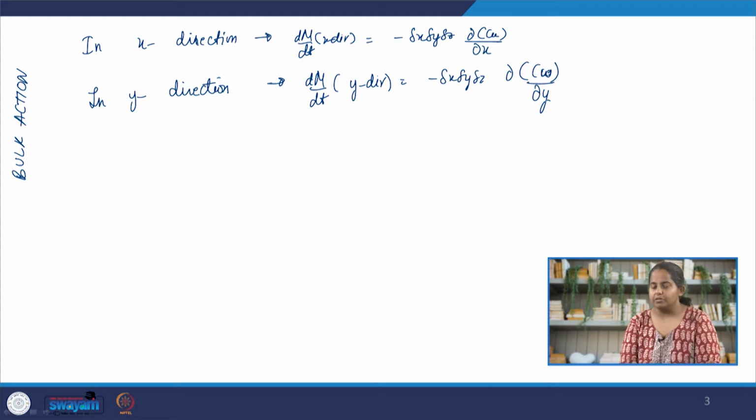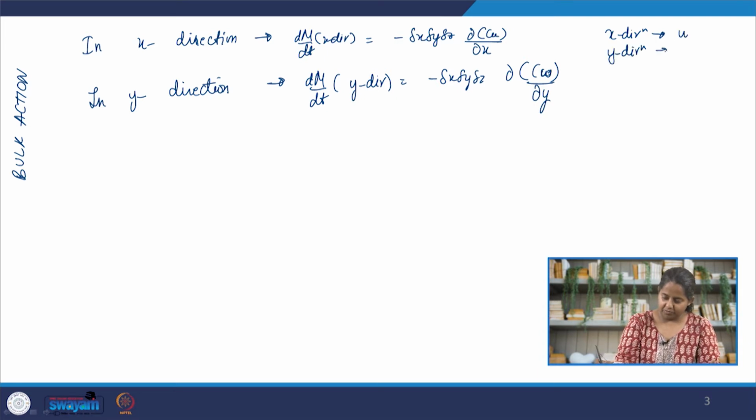Now I am assuming, not assuming actually, I am saying that the velocity of wind in x direction is u, velocity of wind in y direction is w, velocity of wind in z direction, sorry not w, is uvw.